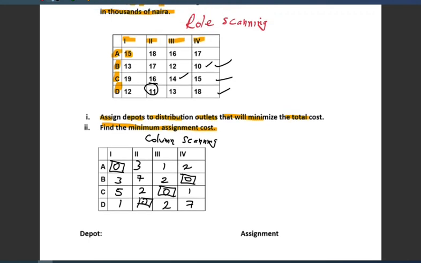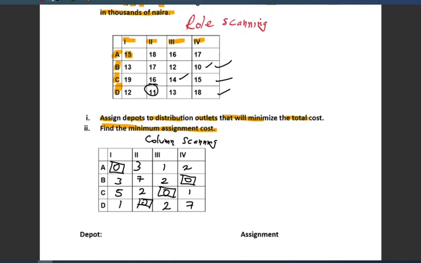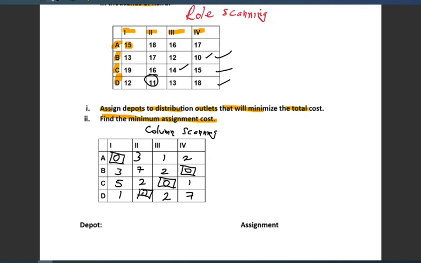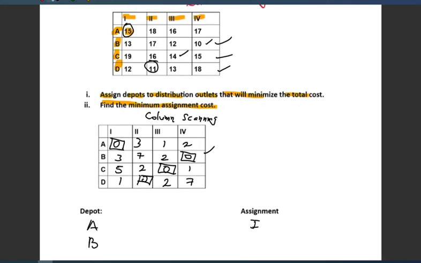Now, to get the assignment, take each of the zeros and go to the original table and see the numbers that correspond to them. You can see that we have a 0 here, so it means that A is assigned to depot 1. Then we have a 0 on column 2, so B is assigned to 4, because this lies on 4.